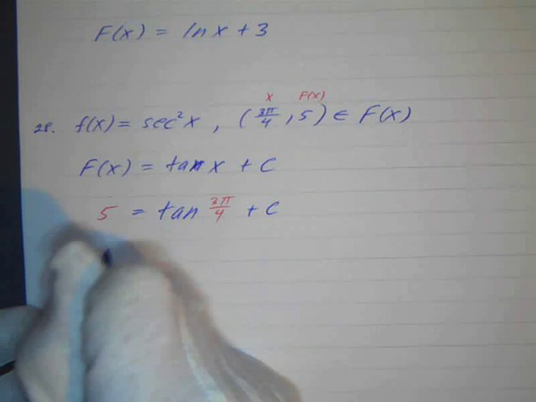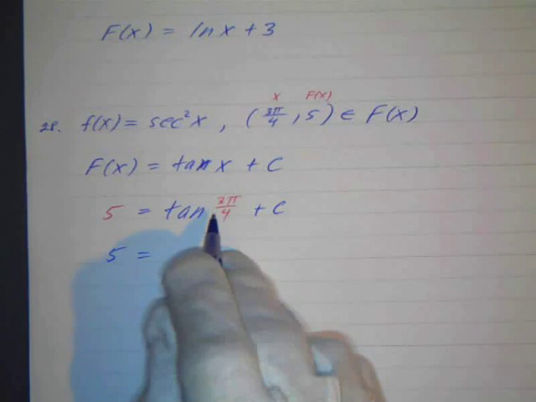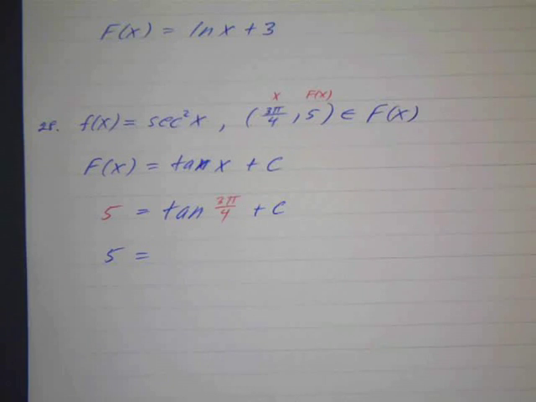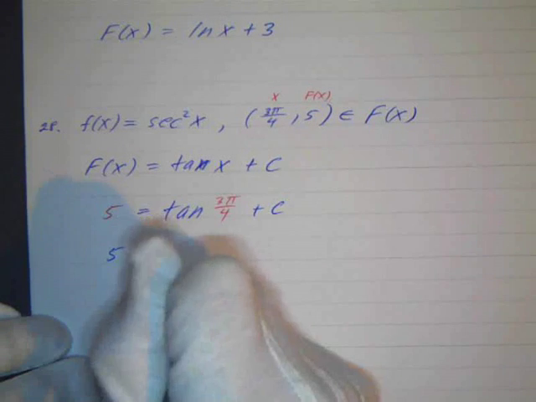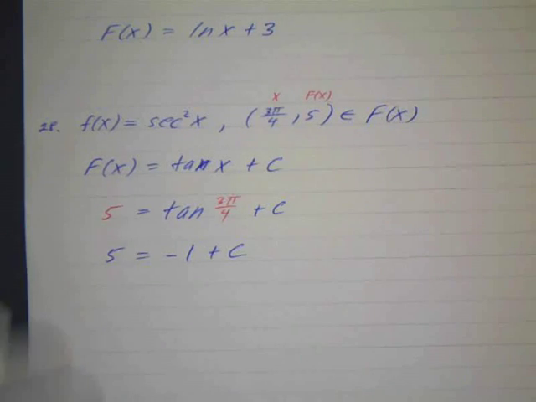So that's 5. And what's the tangent of 3 pi over 4? Well, the tangent of pi over 4 is 1, but 3 pi over 4 is in the second quadrant, and the tangent is negative in the second quadrant, so that's going to be negative 1. Good old trigonometry.